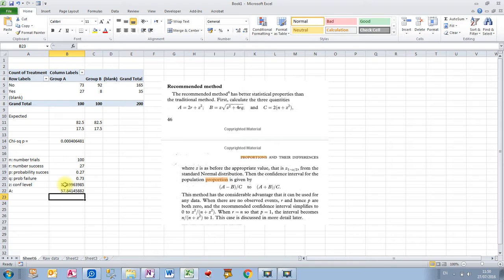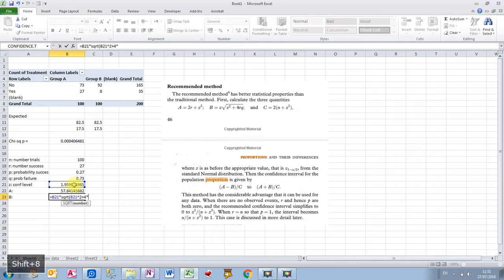That's the value for A. And the value for B is Z times the square root of Z squared plus 4RQ. Here R is the number of successes, and Q is the probability of failure.